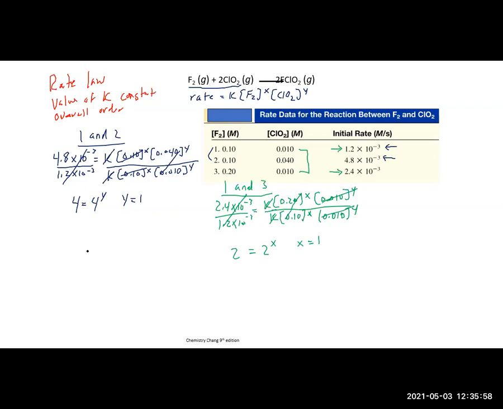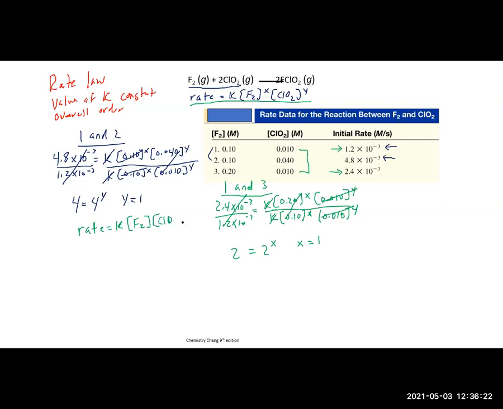That now gives us the opportunity to write our completed rate law. The rate in this case would equal K times [F2], and it is to the 1. Much like everything else in chemistry, you don't have to put the 1 up there on top. And [ClO2] also to the 1.